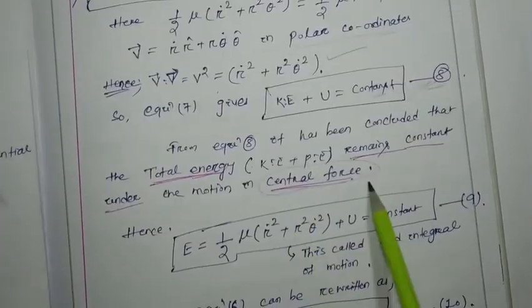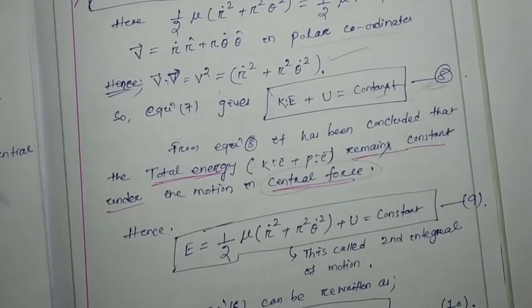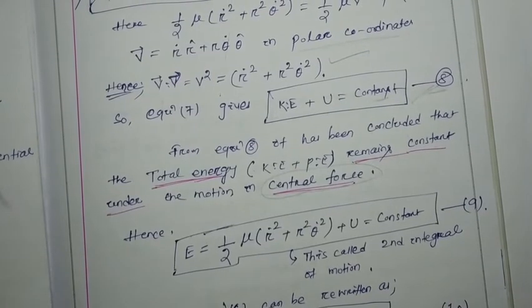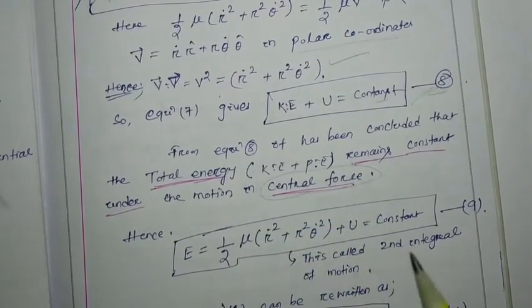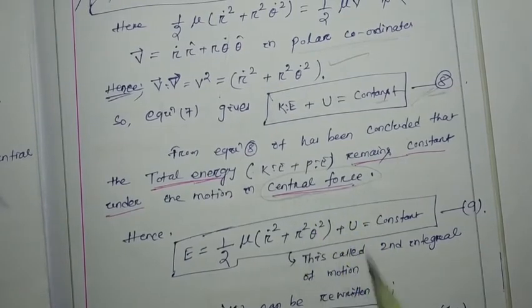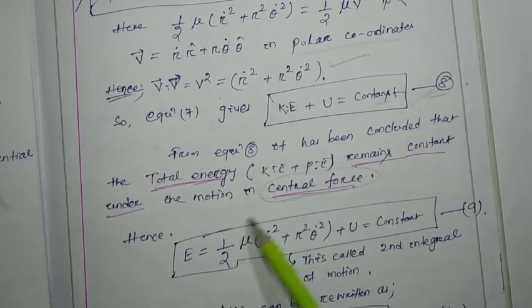This is another one, it will also be one of the characteristics from which we can identify central force motion. That means central force also obeys this: total energy has to be conserved or constant.